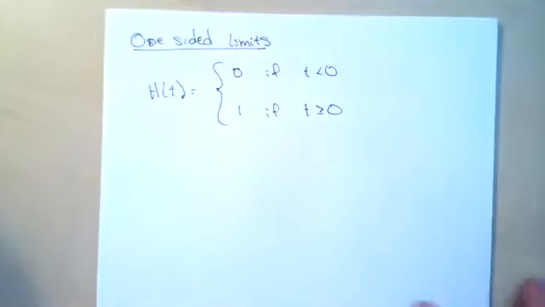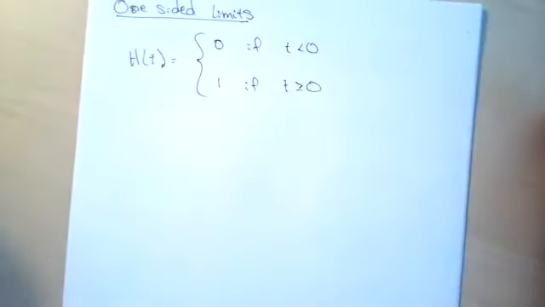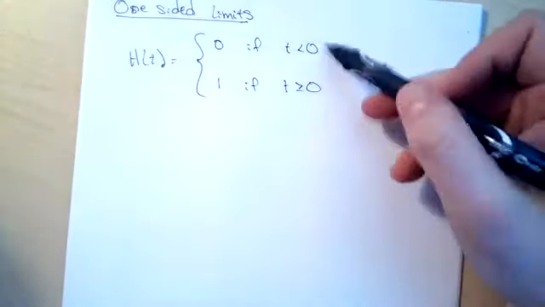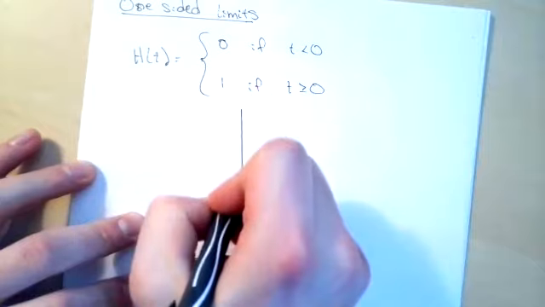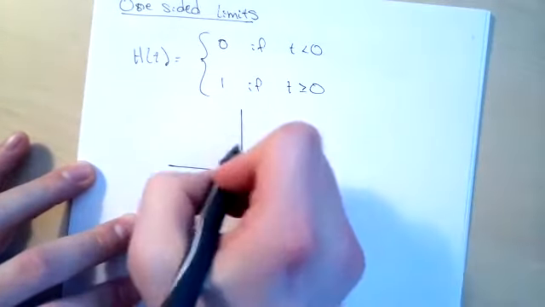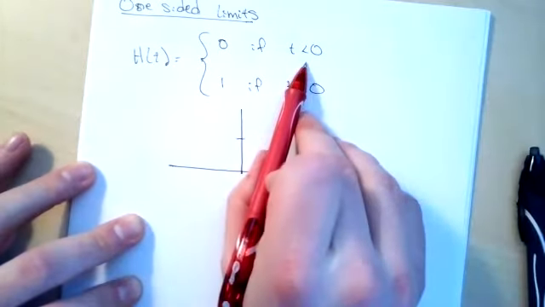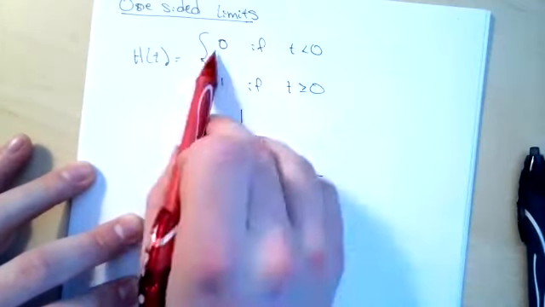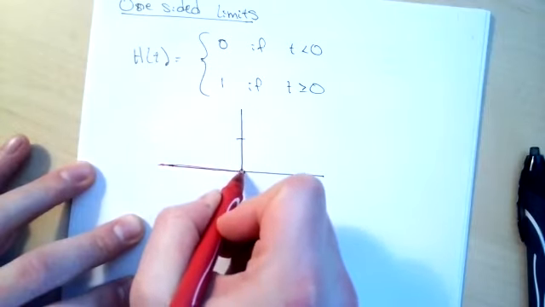And this is a good example of a piecewise function. So we're going to use our typical bodies of functions that we developed last week, but now we're specifying domains for specific pieces of it. So if we were to try to graph this function, the function just says it's going to be 0 for all t values less than 0, which means the function is just going to be 0 up until 0.